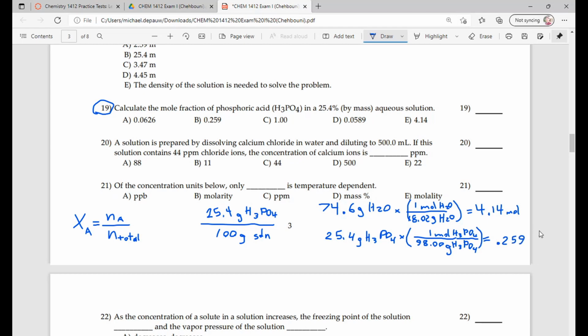So then all we have to do is take our 0.259, which is our moles of interest, moles of phosphoric acid, and divide by the added total of 4.14 plus 0.259. And that gives us what? 0.0589.